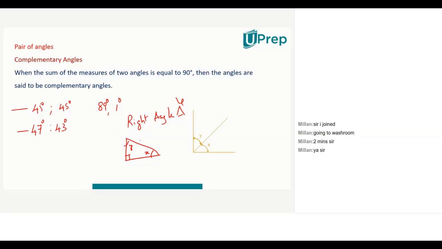Say they are X and Y. But already one angle being 90, x plus y should always be 90 degrees. That means the two angles other than the right angle of a right angle triangle are always complementary angles. The very fundamental application where I use complementary angles is in a right angle triangle.